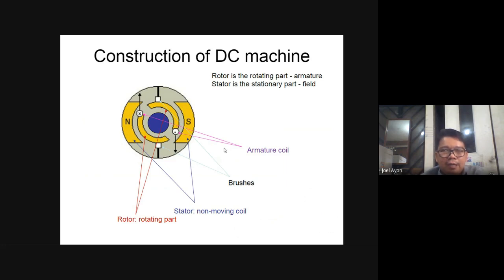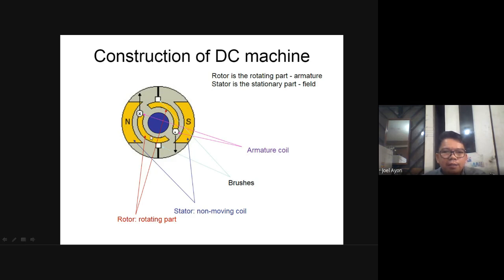In electrical, we usually use the schematic diagram and the pictorial diagram. Block diagrams consist of blocks and are usually used in computers or electronics. But in electrical, we use pictorial or schematic diagrams. So this one is the schematic diagram.